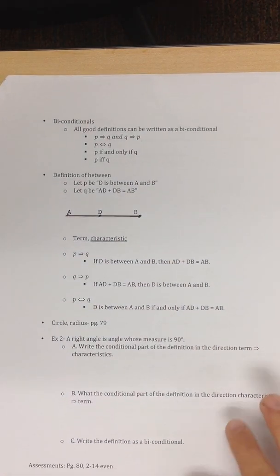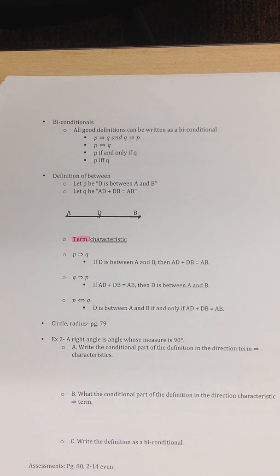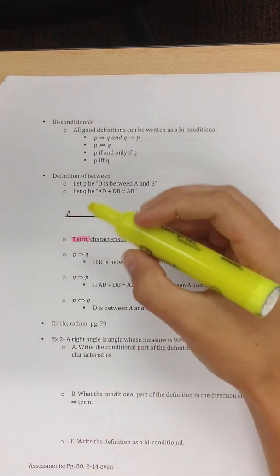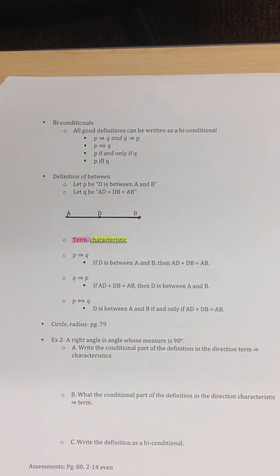Okay, so we've got two halves to this. We've got the term that we're trying to define. In this case, our term that we're trying to define is between. So the term is what we're trying to define, and the characteristic is basically what between actually means, the actual definition of it.